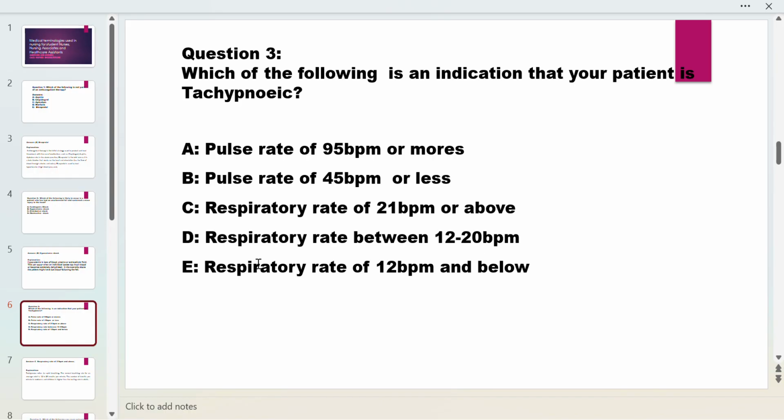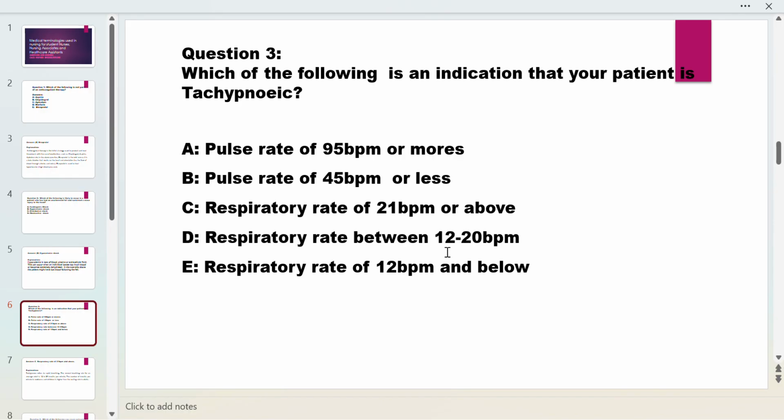But then when we come to the E, the E says respiratory rate of 12 breaths per minute and below, which is a bradypnea, which will be below the normal range. So if we look at it, the D will be the normal range.